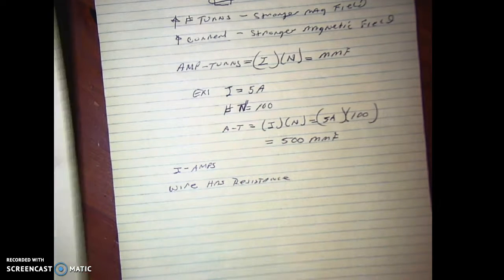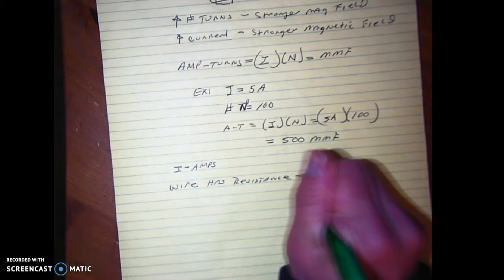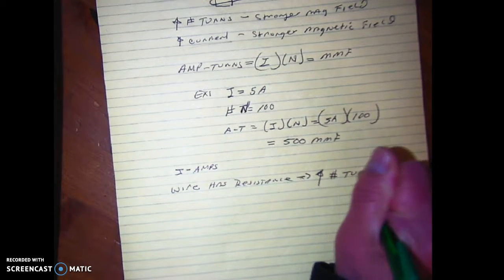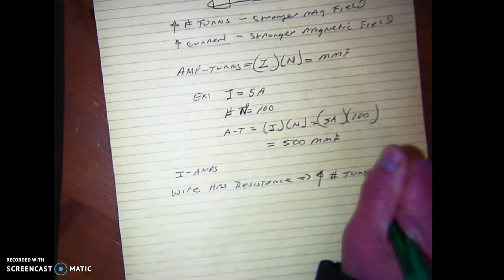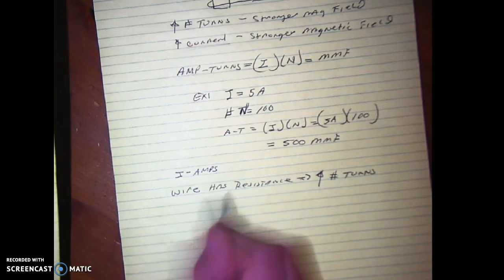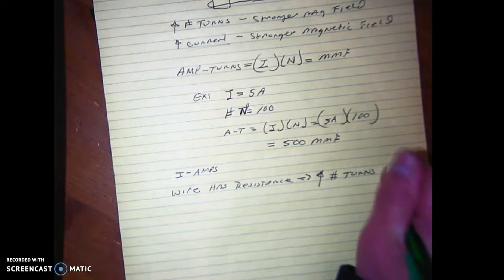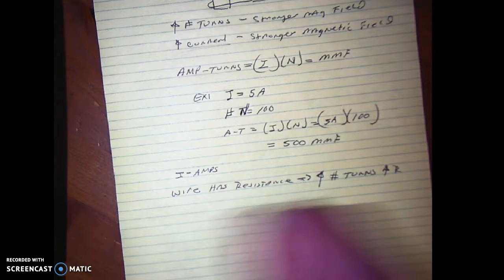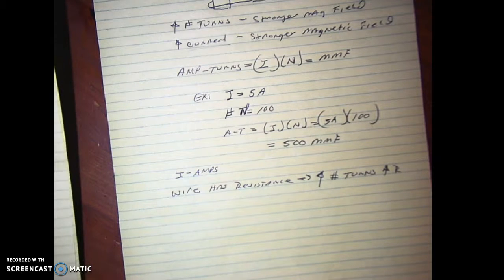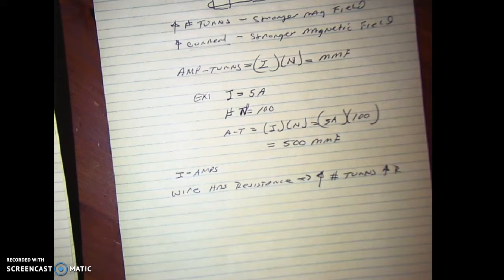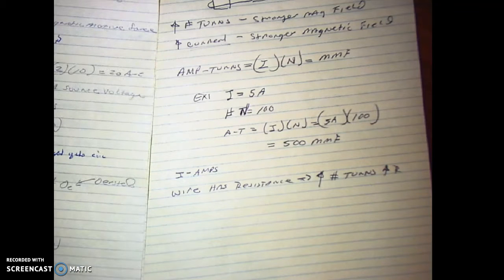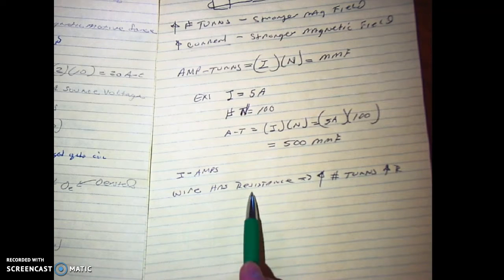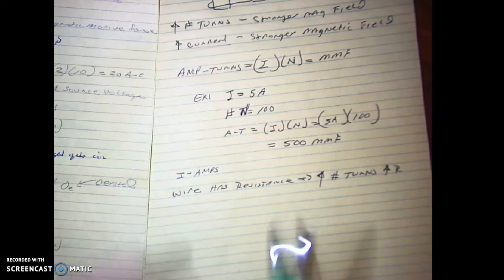So if we increase the number of turns in the wire, what technically we're doing is increasing the resistance of the wire, which in turn will affect the current. We have to keep in mind that as we increase the number of turns, we're increasing the resistance of that coil itself, that solenoid.